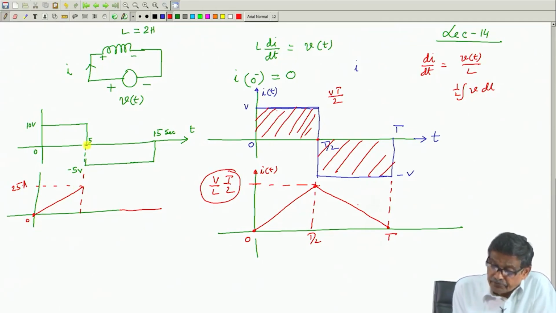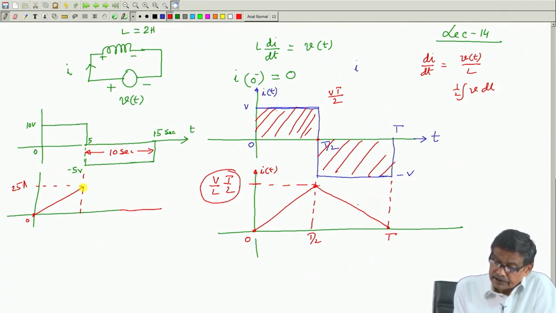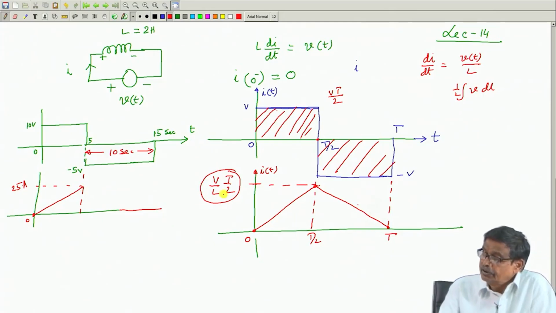Now, beyond 5 to this 15 second, that is, this interval is 10 seconds, you have applied a negative voltage. Therefore, inductor current has to decrease, because V has become negative, dI/dt will decrease. Now, I will not do any mathematics, you can write it down and get it.